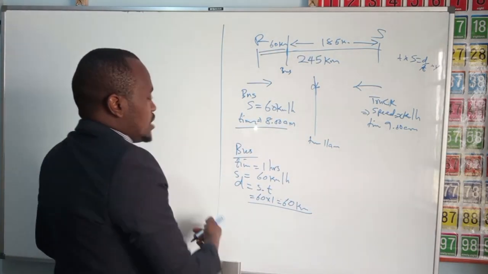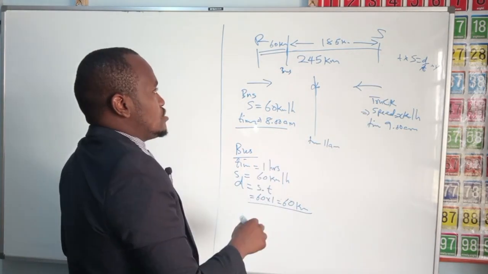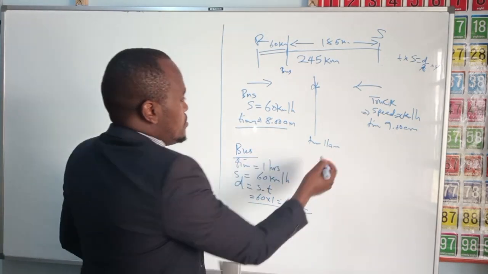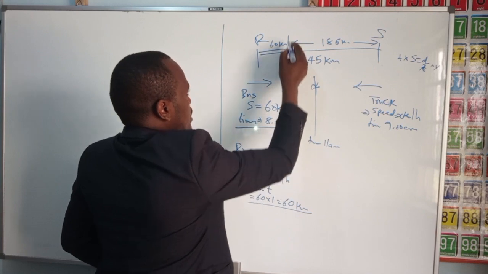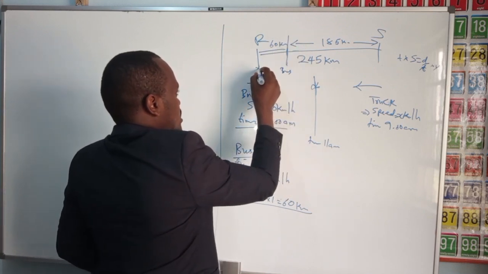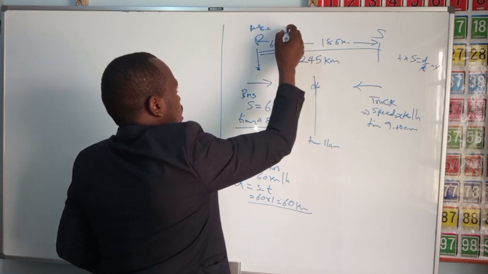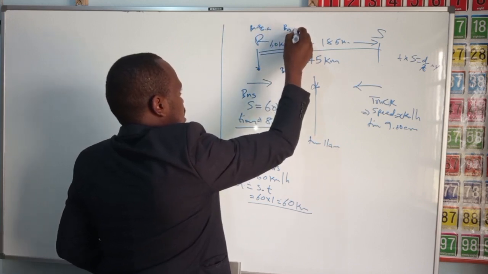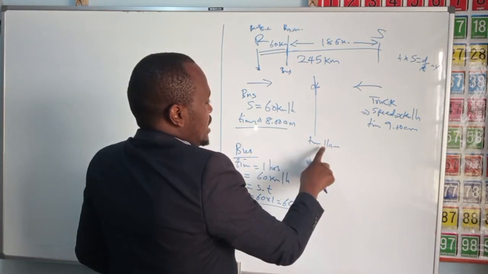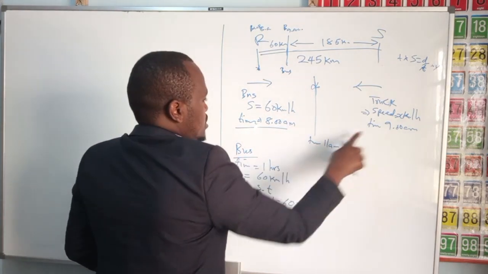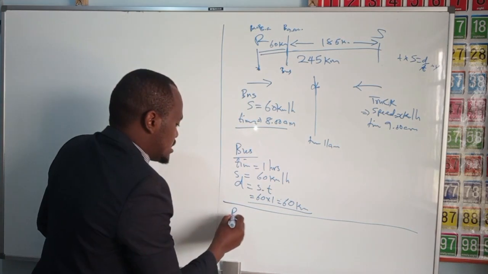Now, when you are asked about the speed of this vehicle, we know that to determine the time, they met at 11 a.m. So this was 9 a.m., and this one was 8 a.m. when the bus was here. Bus at 8 a.m., bus at 9 a.m. Now, the two met 2 hours later, from 9 to 11 is 2 hours.